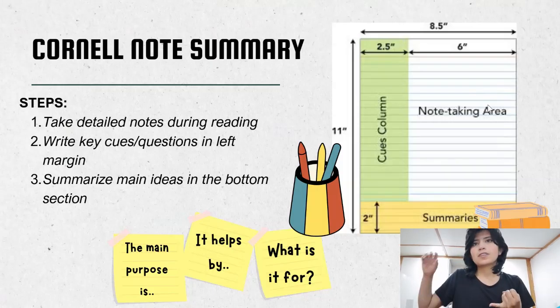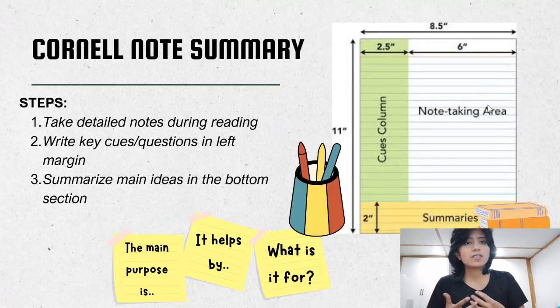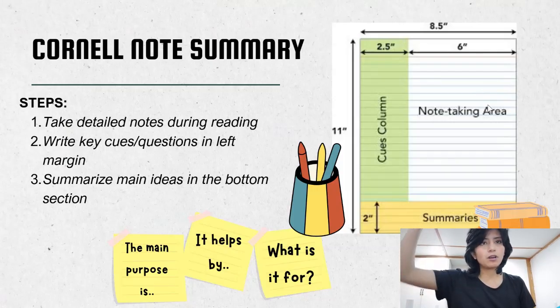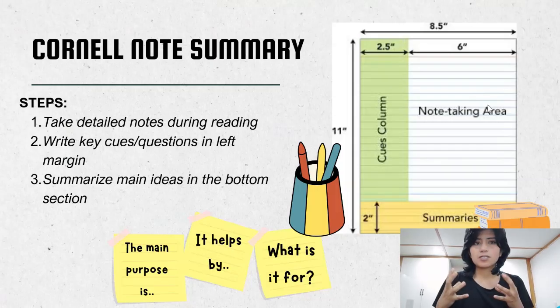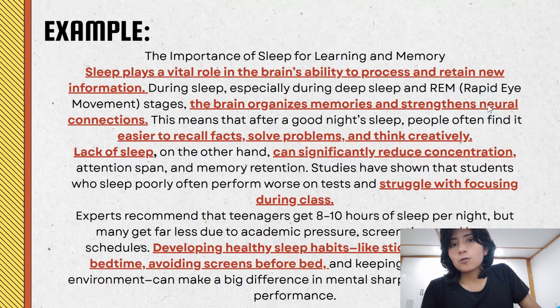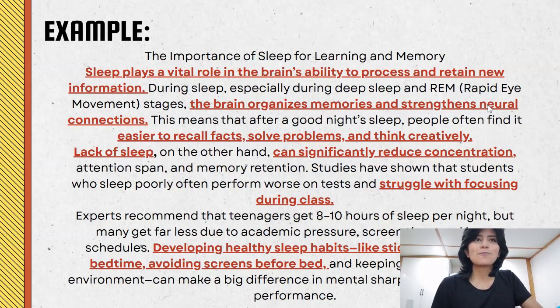For example, what is this topic about, what is it for, what kind of people does it help, or what is the main purpose of it, because you are going to write all your questions about the topic on the left margin, and you're going to try to summarize as much as possible the main ideas in the bottom section of the page. So when we do this, we can summarize a very huge amount of text.